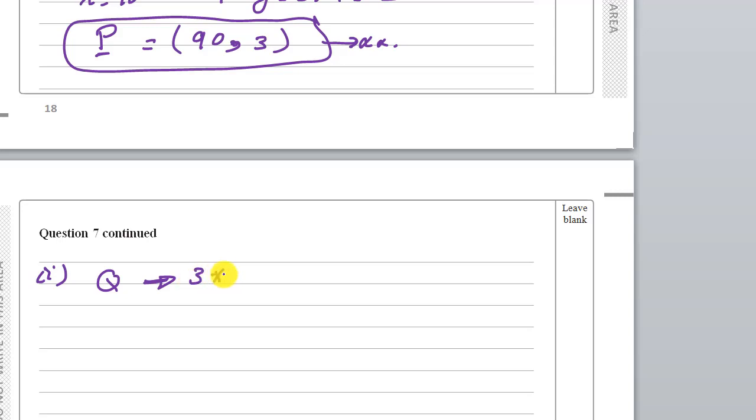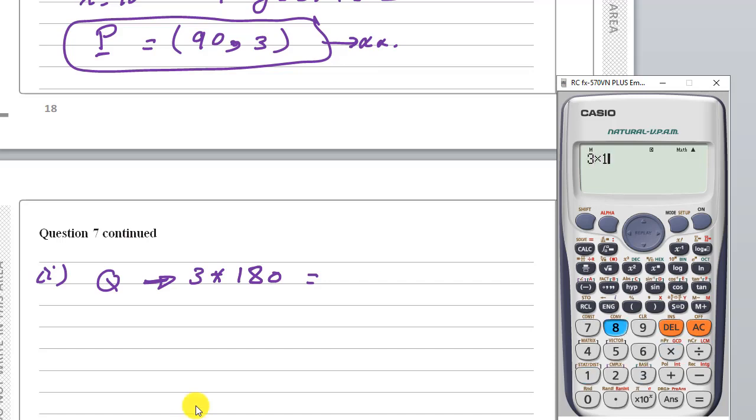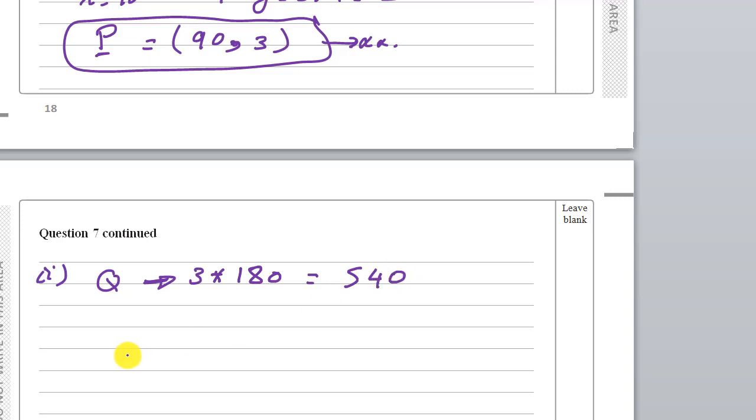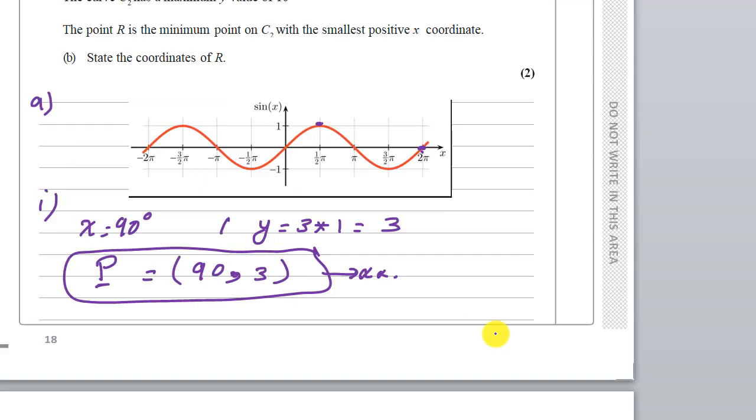So 3 multiplied by 180, which is 540. So point Q is 540 degrees, and x is equal to 540 and y equal to 0. And this is point Q.